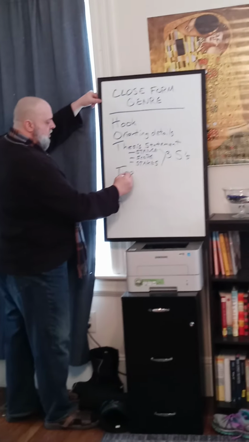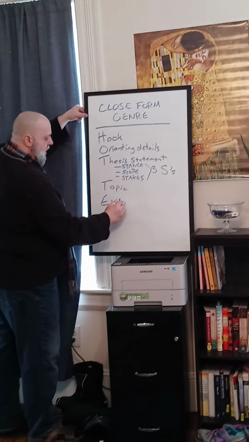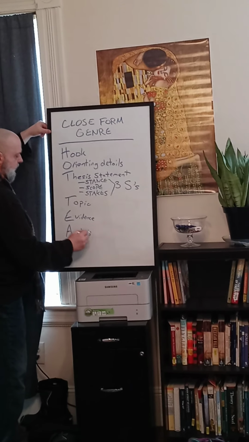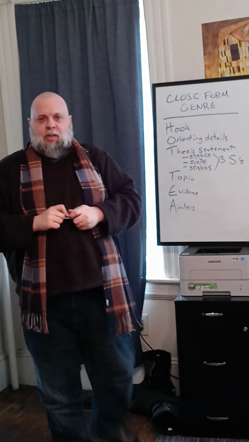And then here, T stands for topic, evidence, and analysis. I wrote down what our topics were on a piece of paper, and our first topic was that the five dragons are friends.